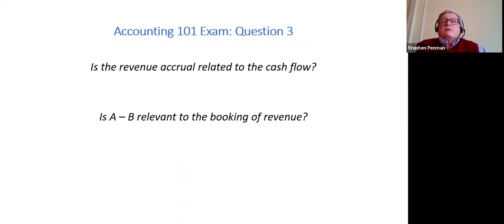So there's the question: is the revenue accrual related to cash flow? No. One of the points of the paper: the accruals are independent of cash flow. So the idea of an accrual cash flow relation is not an appropriate concept to think about the accruals. Under our accrual accounting, we book revenue when certain revenue recognition principles have been satisfied.